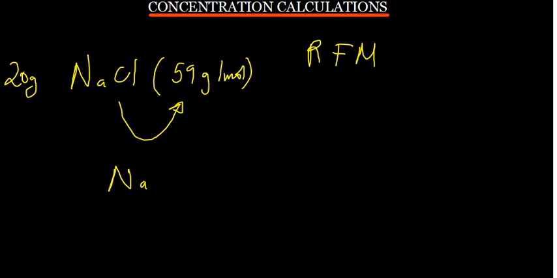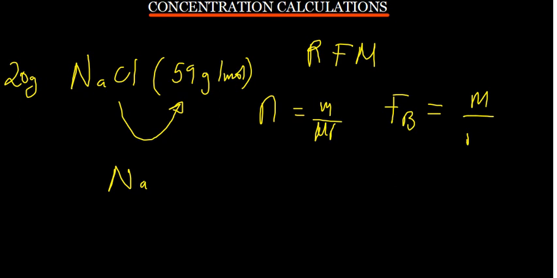So instead of finding number of moles as mass over molar mass, what I'm going to find is the gram formula mass, which is given as mass over relative formula mass. It's the same as number of moles because it's the same formula, except it is an ionic compound. So it's going to be 20 divided by 59.